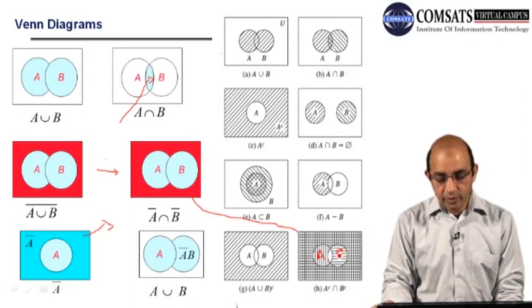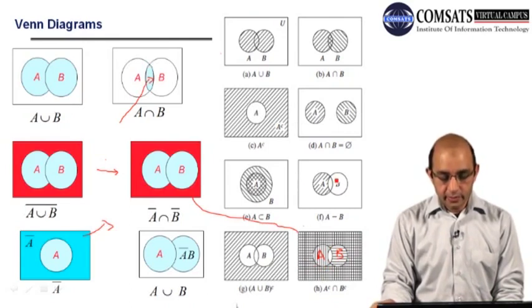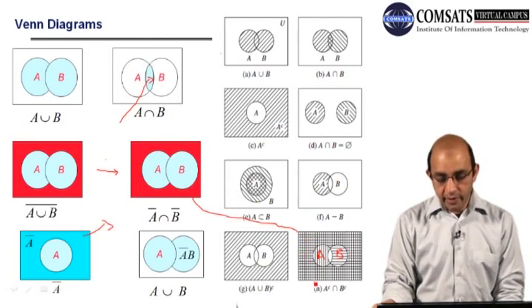And if you talk about the B complement, you want to explain A complement intersection B complement. Then you can see that the A complement represents the horizontal lines, and the B complement represents the vertical lines.